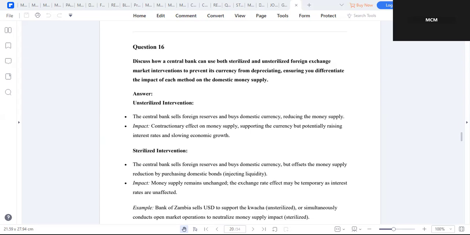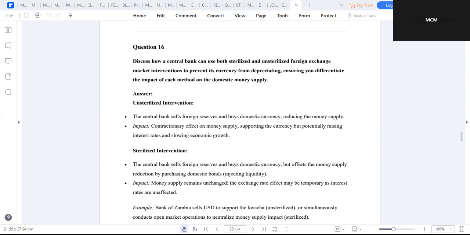We have foreign currency that is useless to us, like Malawian kwacha. You can't use it. So our government will go to Malawi and say, we have your kwacha, give us our kwacha as well. So even with the US dollar being a currency that is in demand, we use that same currency to fetch our own money. So this is what we call the unsterilized intervention.